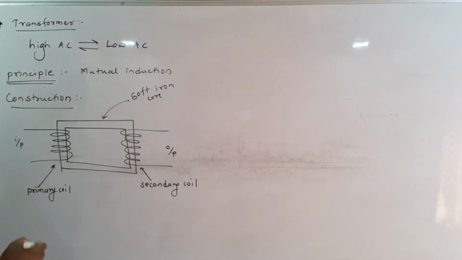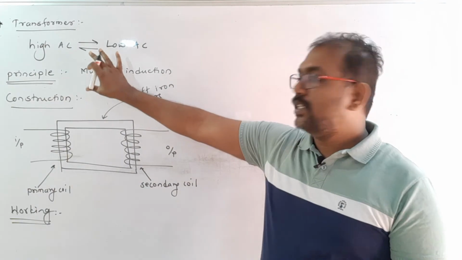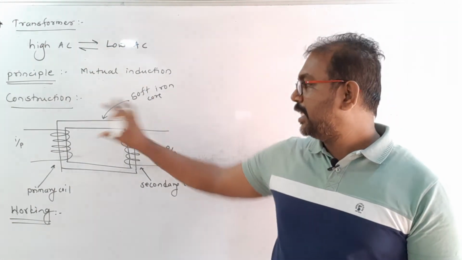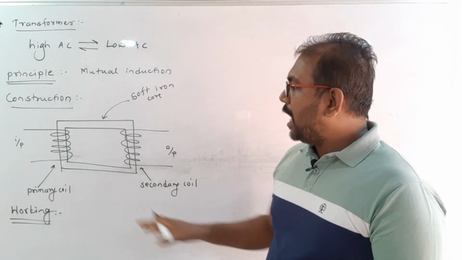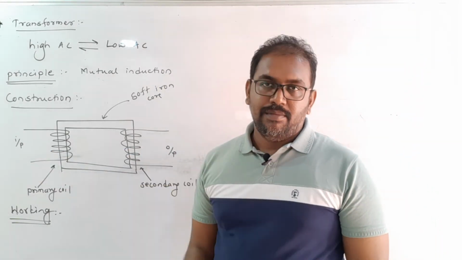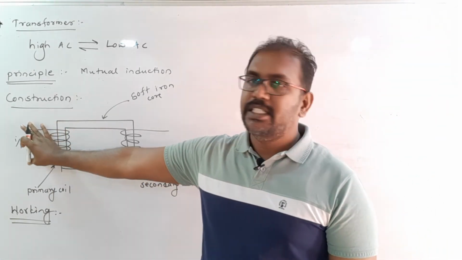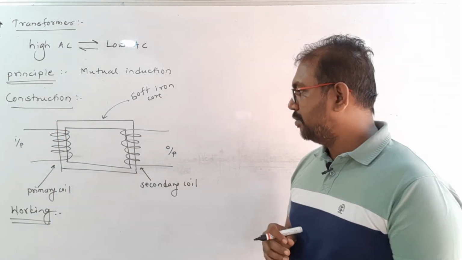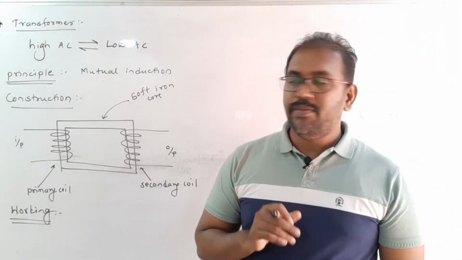Now let's see the working of the transformer. The principle is mutual induction, and we have to explain it with respect to this case. We apply AC, alternating voltage, across the primary.